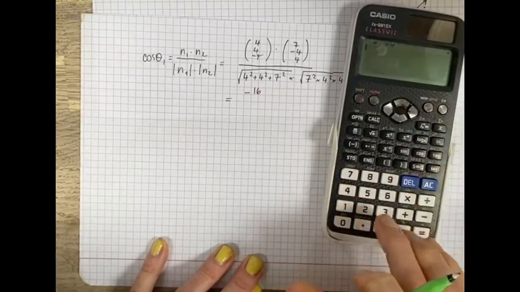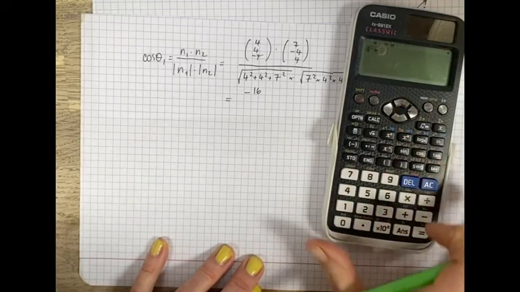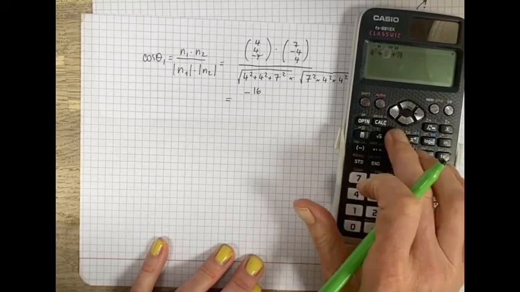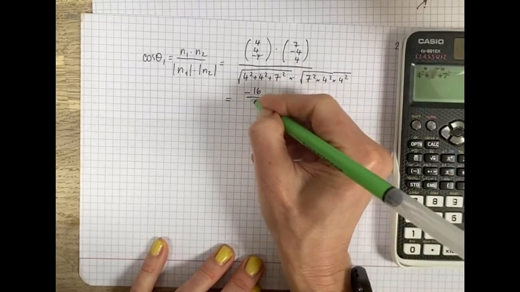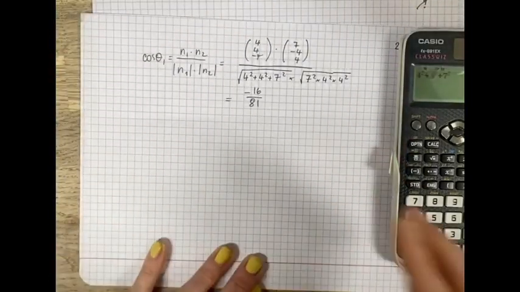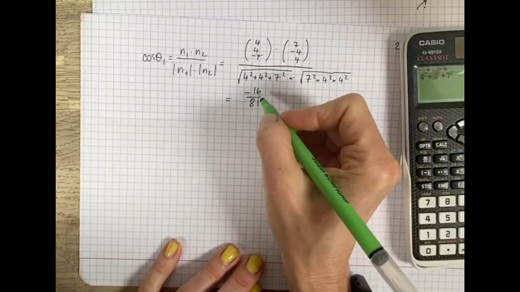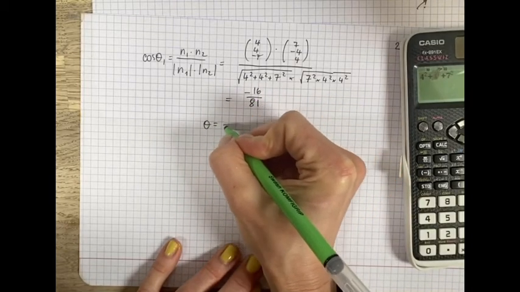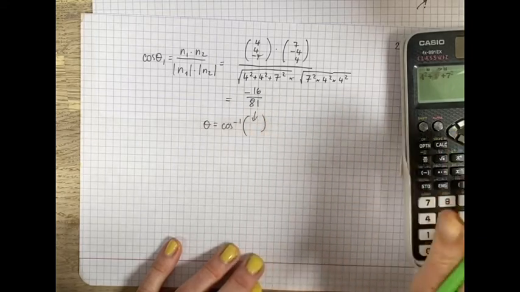And over here we're going to have 4 squared, add 4 squared, add 7 squared, 81. So it's minus 16 over 81. So theta is going to be cos inverse of that value.